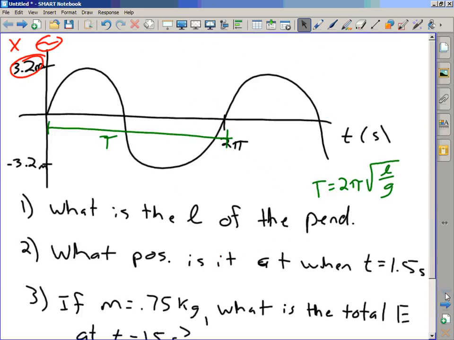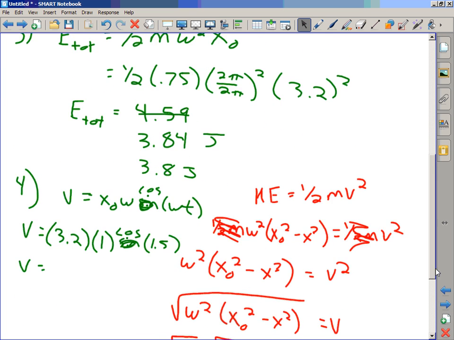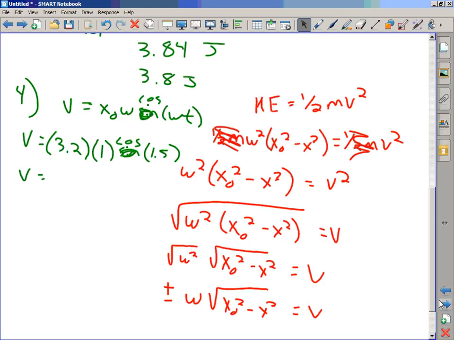This is a sine graph, a sine position graph, which means for the velocity I have to use its velocity pair. Right here, this is the position equation: x of t equals x naught sine omega t. Its velocity partner is this guy.